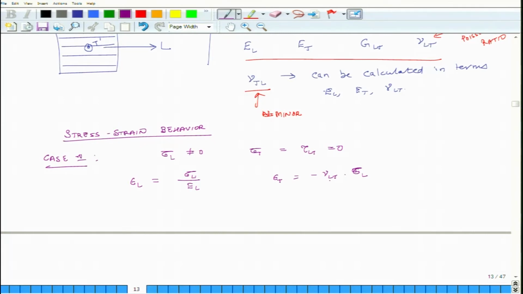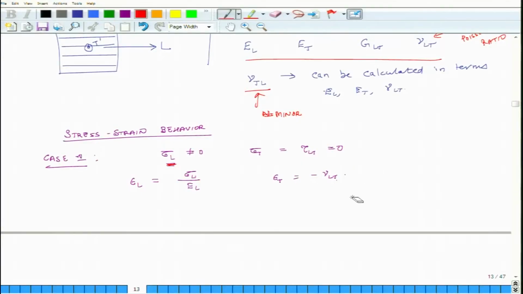The first subscript tells us the direction of the loading. Direction of loading is the L direction. And the second subscript tells us the strain direction. So, strain is happening in the transverse direction because it is shrinking.